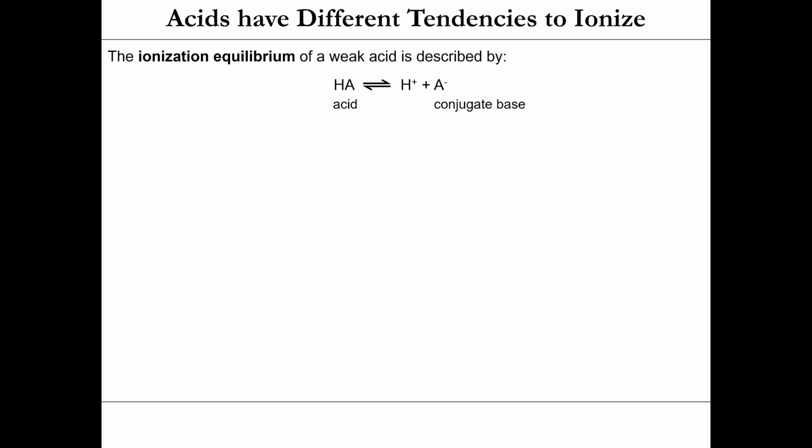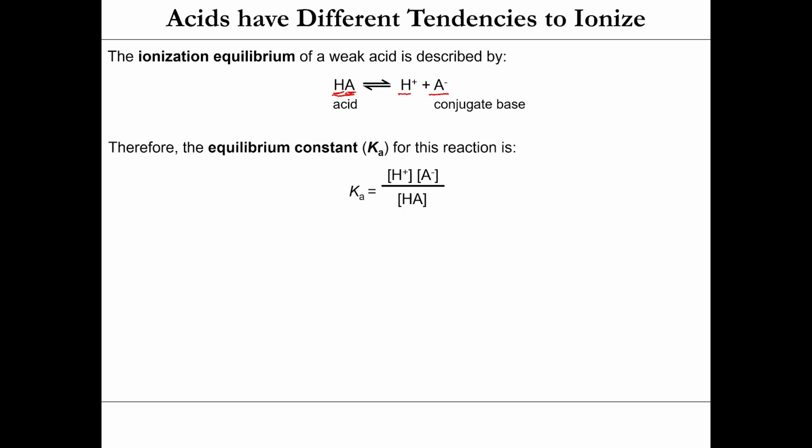So the ionization equilibrium of a weak acid, which is an acid that doesn't readily get deprotonated, can be given by this reversible reaction, which is HA. That's how we would refer to a weak acid as a shorthand. This represents the hydrogen ion, and this represents the acid. And that will ionize to form, of course, a proton and the conjugate base, which is signified by A negative.